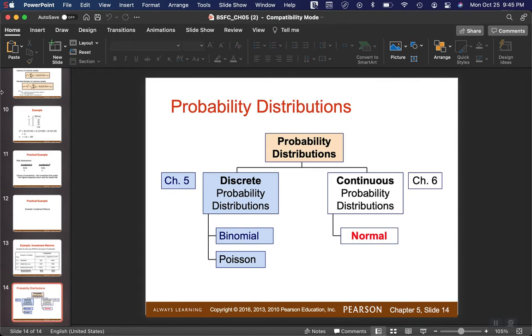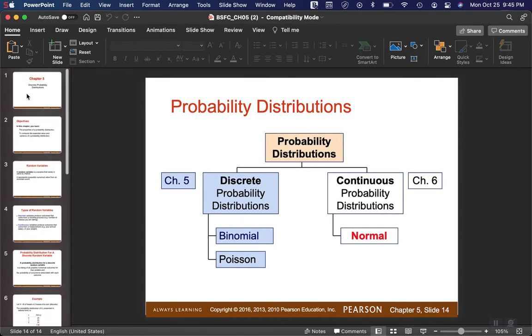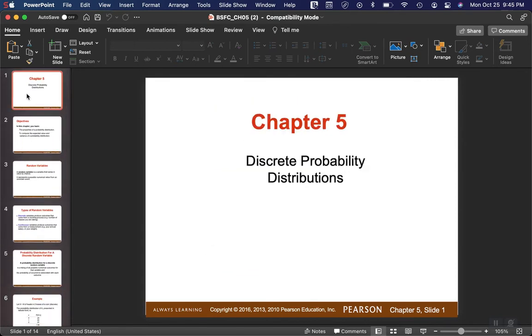Chapter 5. In Chapter 5, what we talk about is probability distributions.